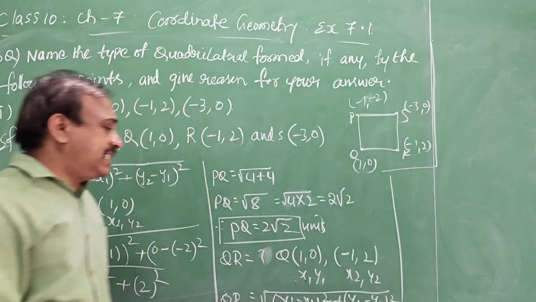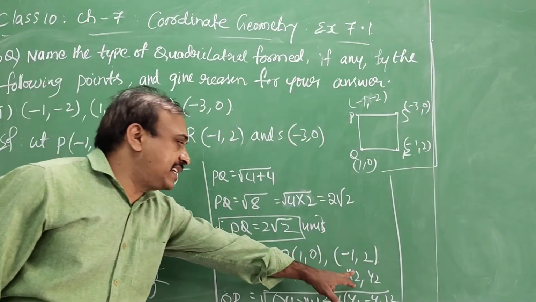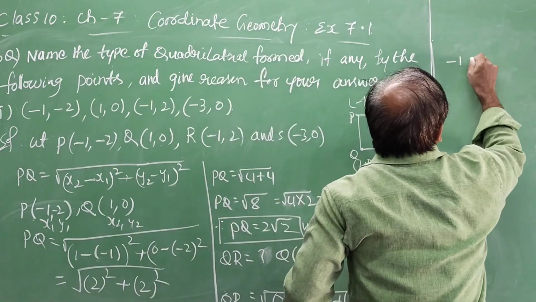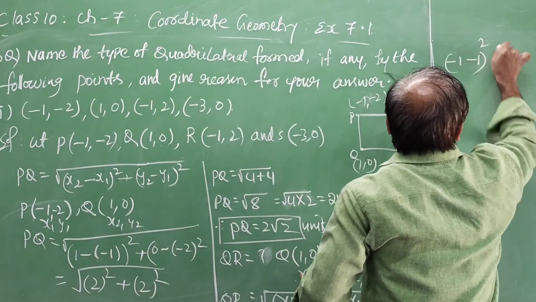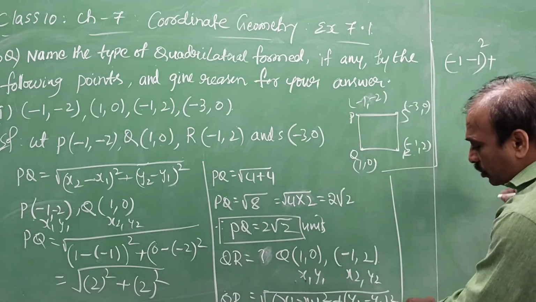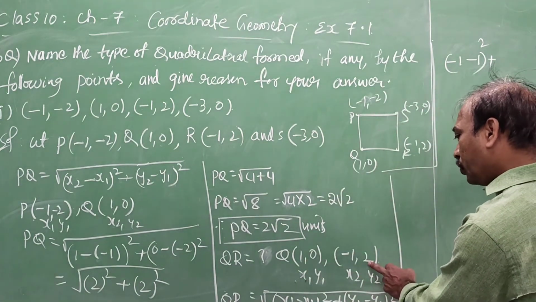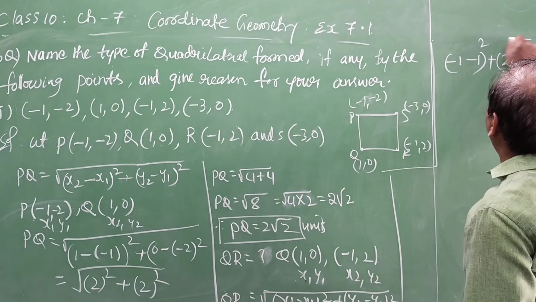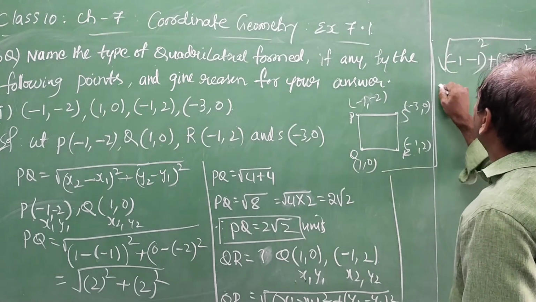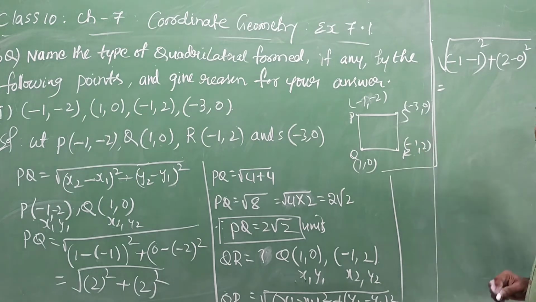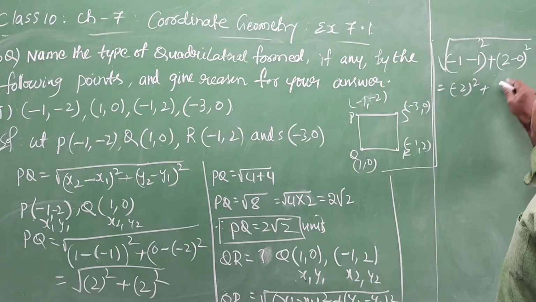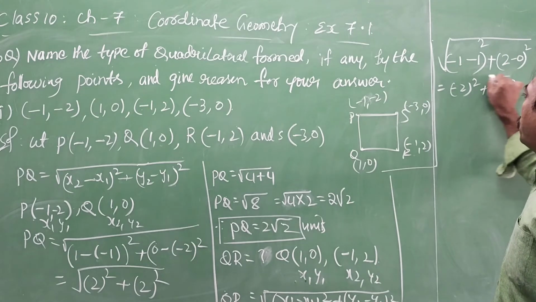So (-1 minus 1), that is -2 whole square, plus (2 minus 0), that is 2 square.